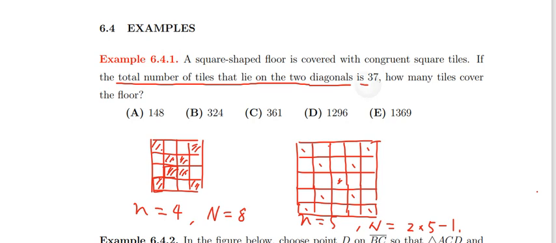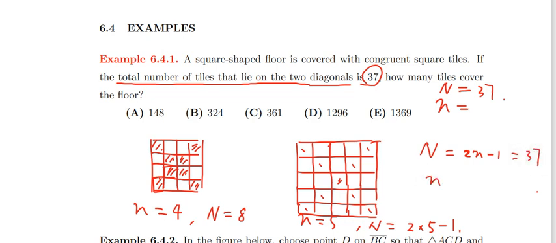This is 37. So we can find n. What is n? So we say the total number, big N, is 37. So what is n? So we know 2n minus 1, right? 2n minus 1 equal 37.